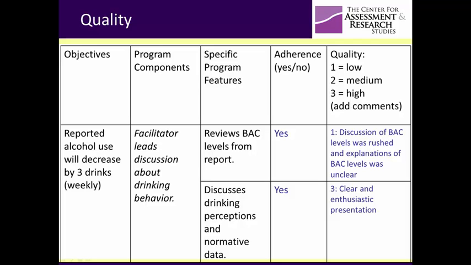Quality is rated on a 1 to 3 scale with higher scores indicating more quality. But since people have different interpretations of these scores, we also recommend leaving comments to explain their ratings. So in the first case, the discussion of BAC was rushed and perhaps it suffered in clarity. In the second case, the information seemed more clear.